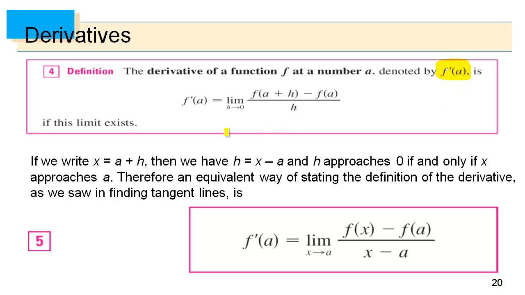And then of course, if we go back and do the substitution back to our original stuff, we can see that it also equals this equation. They're the exact same thing. There's really no reason why you would need to use one over the other. I would recommend using definition 4 more than definition 5, just because it's going to lead you towards the derivative of a function at x instead of at a a lot easier.